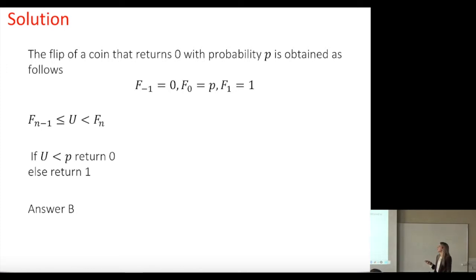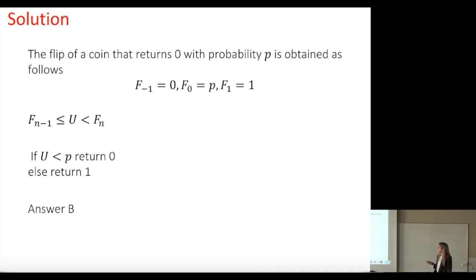So the flip of a coin that returns 0 with probability p and 1 with probability 1 minus p, because it has two possible results, has this CDF. So F of minus 1 is 0, F0 is p, and then F1 is 1 minus p plus p equal to 1. Okay? So we will apply this relation again. We take u from the random number generator, and if u is between F of minus 1 and F0, we will return the highest, 0.